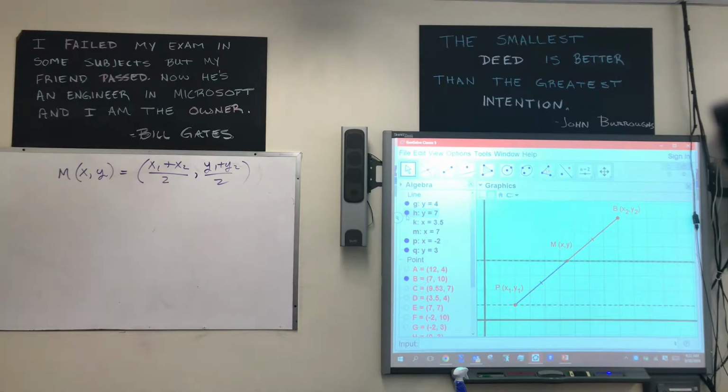And when parallel lines are cut by transversals, you start getting congruencies, don't you? If we were to look at that angle right there and that angle right there, those two angles are congruent. So that's a huge thing for us right now, that we get those two things to be congruent.